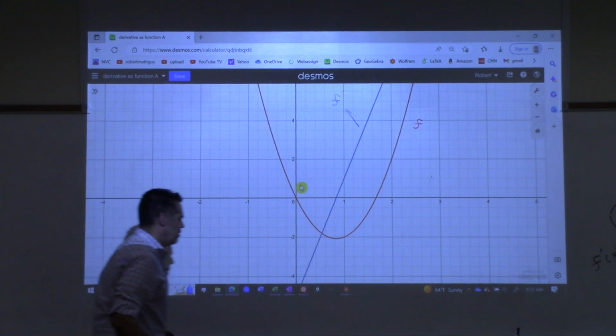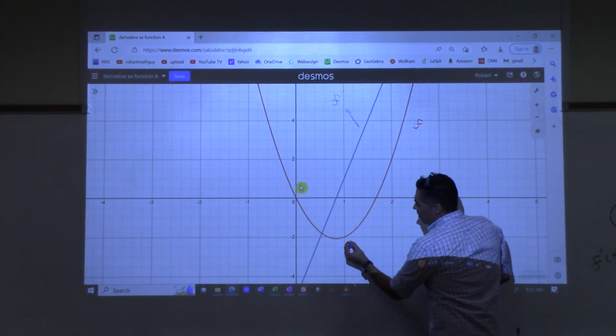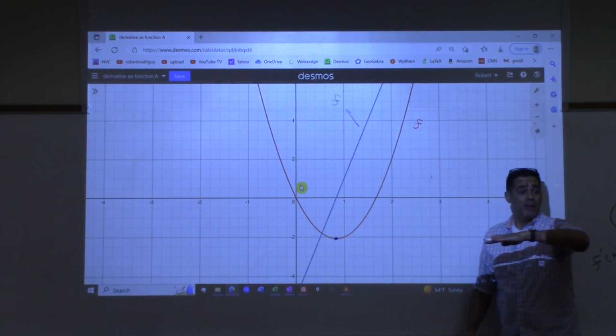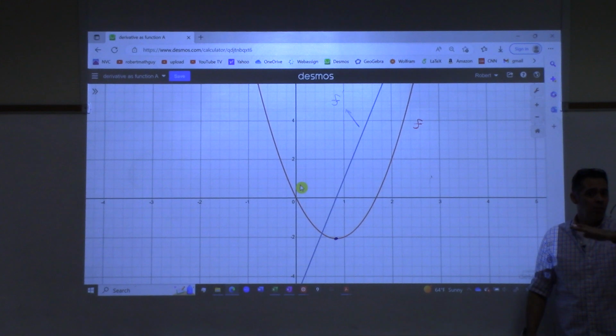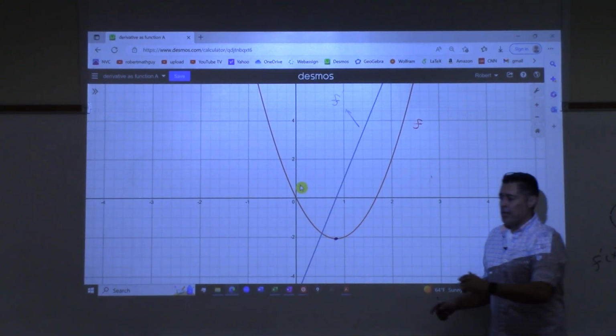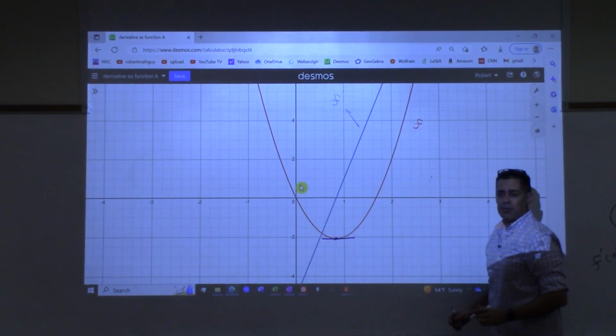So let me go to one point right here that I think most of you will be able to see clearly. If I go to this point right around here, what would the slope of the tangent line be there? What do you think? If I draw a tangent line, what would the slope be? 0? Do you all agree that the tangent line, if we drew it there, would be flat? Yes?